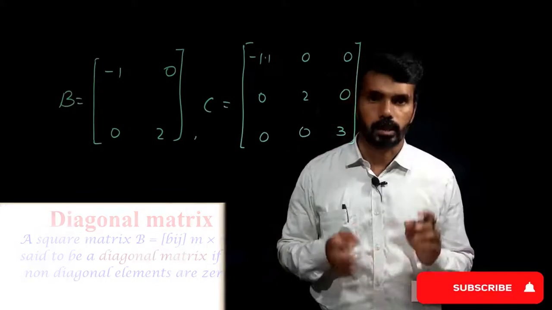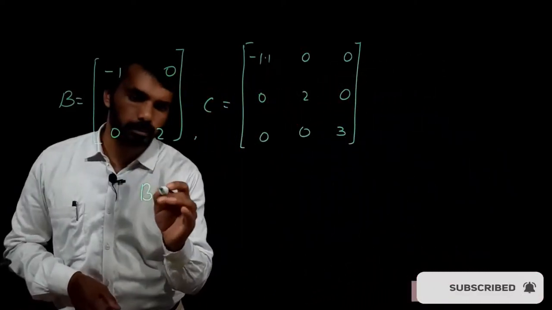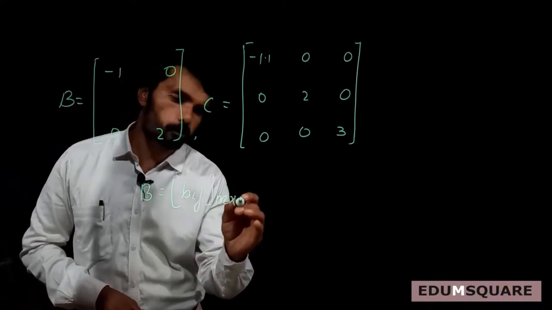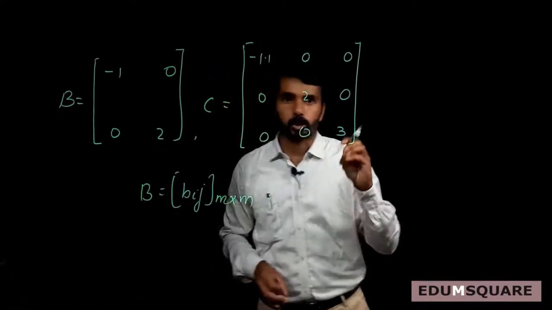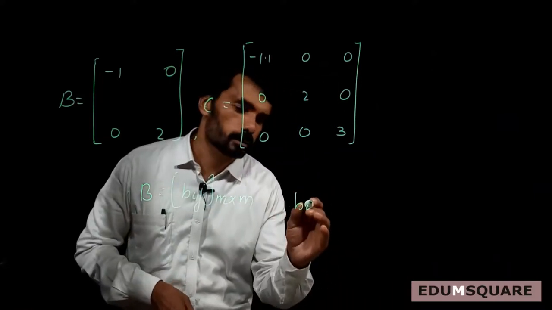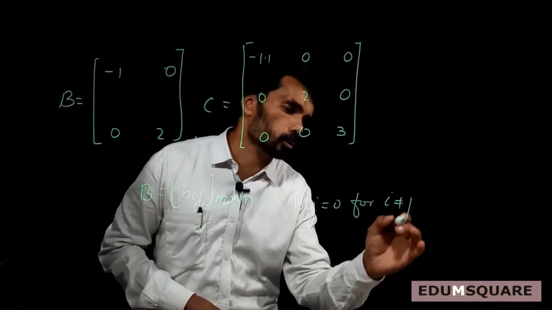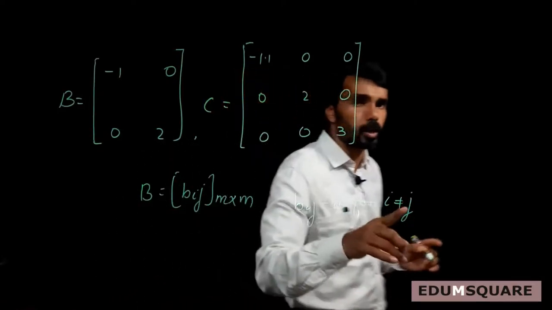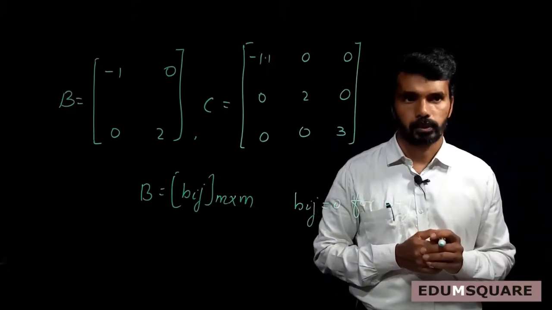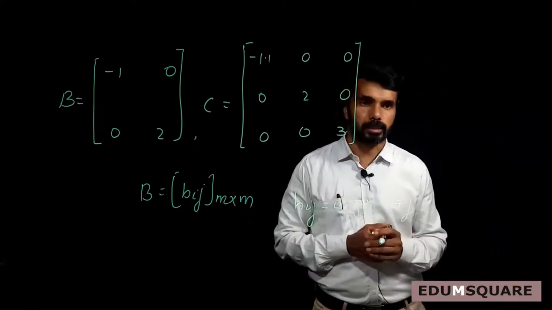That is, a matrix B is equal to Bij of order m by m is said to be a diagonal matrix if Bij is equal to 0 for all i not equal to j. So that type of matrices are known as a diagonal matrix.